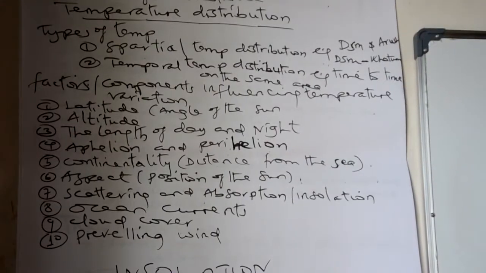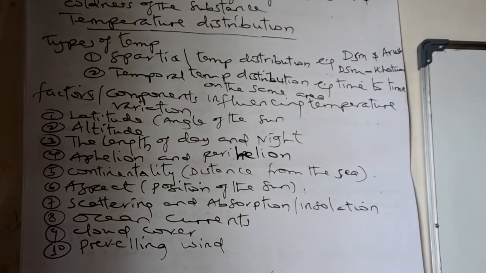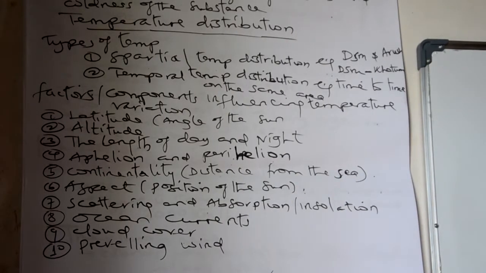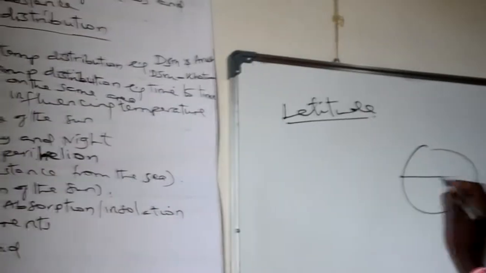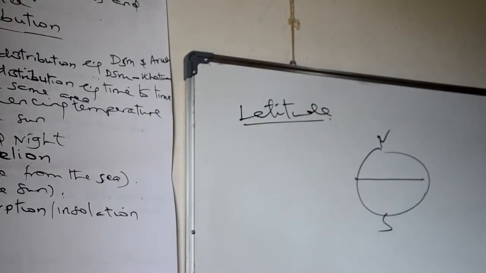Therefore, the temperature of a particular area varies according to the following factors. First factor is latitude. Latitude refers to the angular distance measured north and south of the equator. Therefore, the temperature of a particular area will be different according to the latitude.